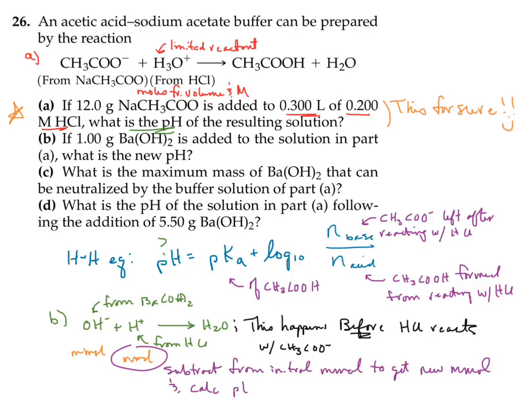How much will it gobble up, and will it run out? Yeah, your barium hydroxide will run out. You'll be left with some of your strong acid, and that's what goes ahead and creates your buffered solution. So it's a good one, and then it kind of goes downhill from there. If you can do A and B, I'd give you a total smiley face.